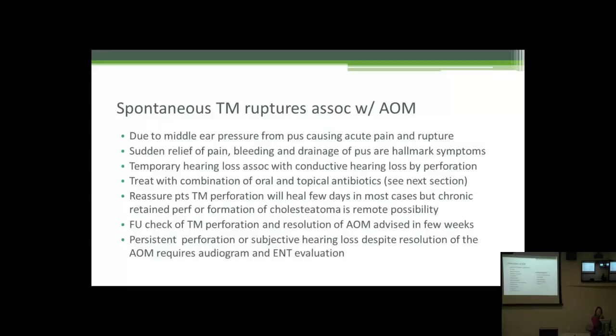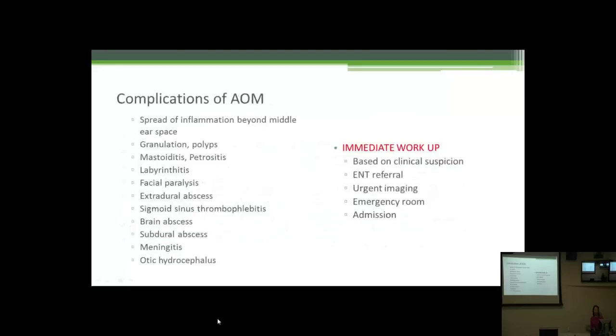Okay. So complications of an acute otitis media, this is more on the extreme side, and unfortunately, these cases can happen. It's not as often in the primary setting, but I just want you to be aware of that. The acute otitis media can lead to serious problems such as mastoiditis, granulation, labyrinthitis, facial weakness and paralysis, thrombosis, in extreme cases an abscess, subdural abscesses, meningitis, and hydrocephalus.